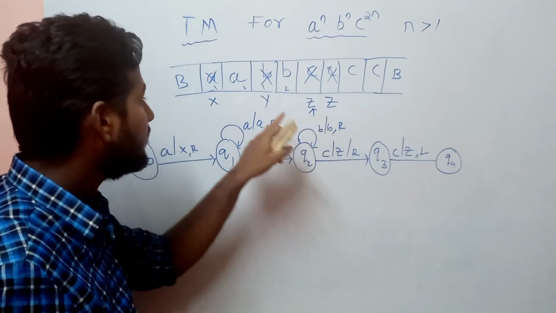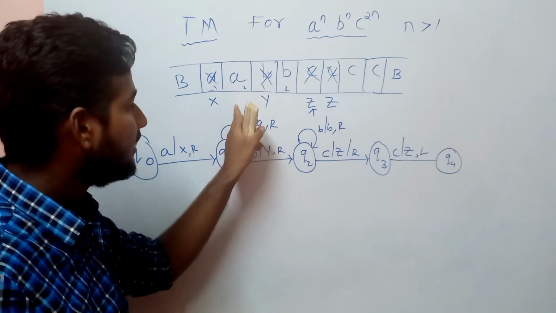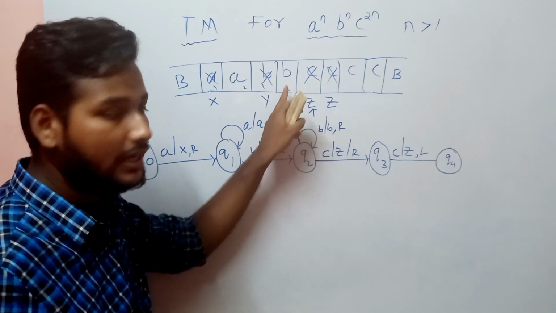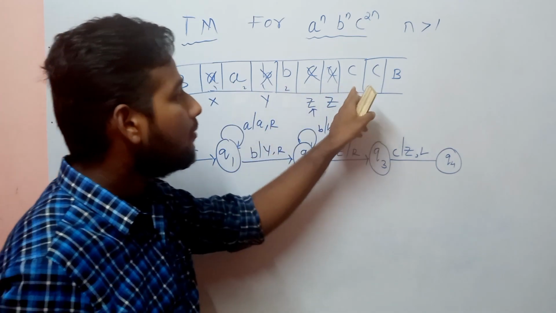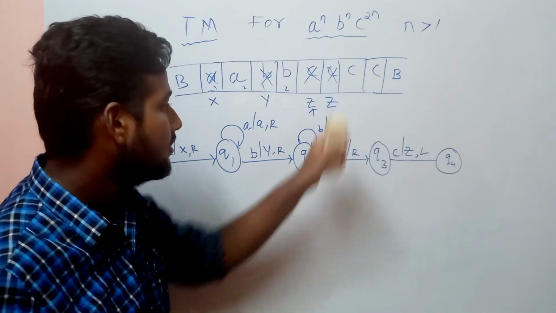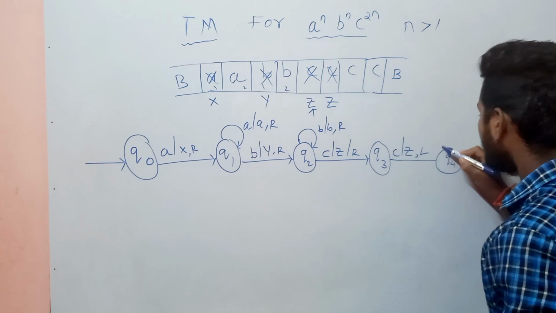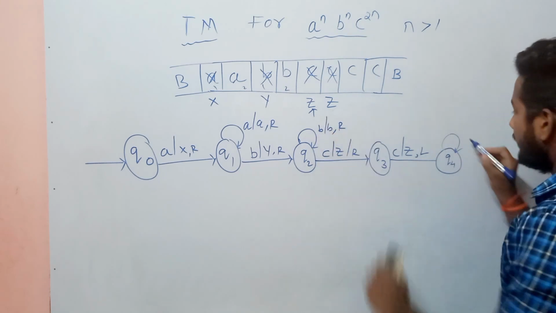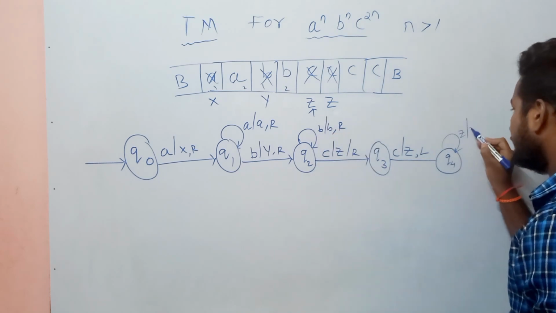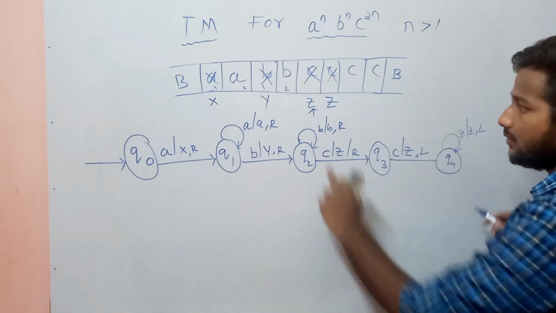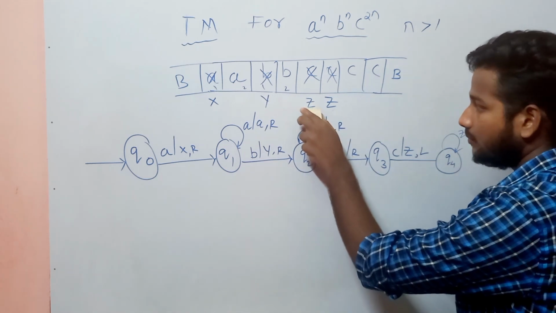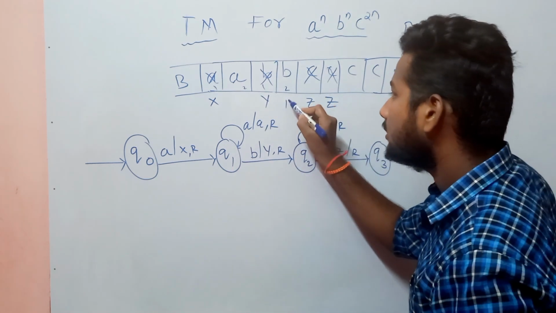Now this pointer will search for the second A and make it X, search for the second B and make it Y, and make these two C's Z. For this we ignore the Z value by simply putting a self loop Z as Z in the direction left. Now the pointer moves from this to this.